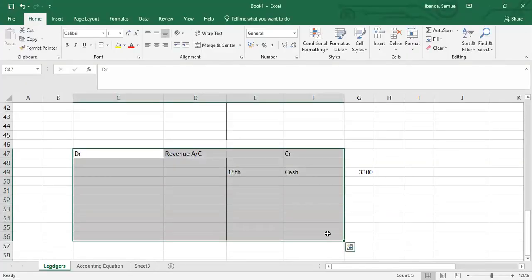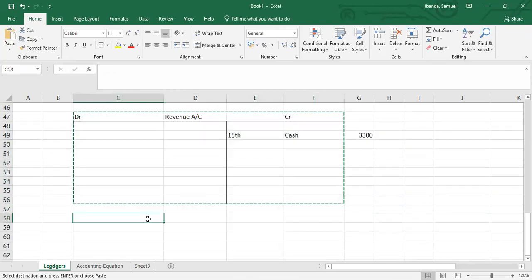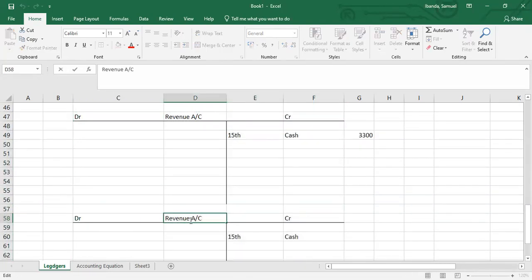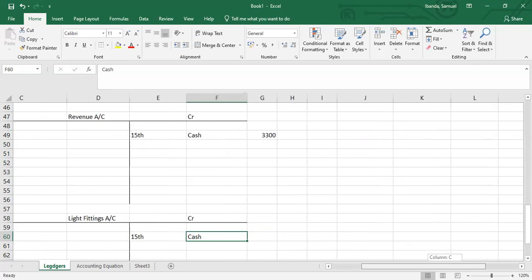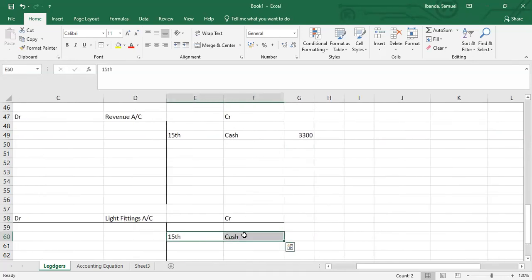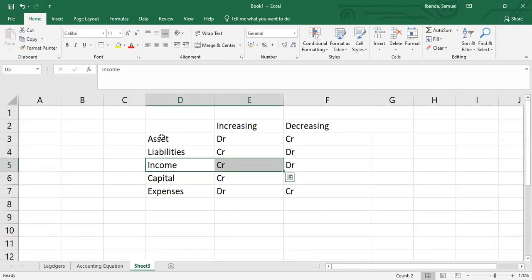So if you have it as a separate account, since we don't have a light fittings account yet, we can call it light fittings. Remember, light fittings, these are assets. And when assets are increasing, we debit them.